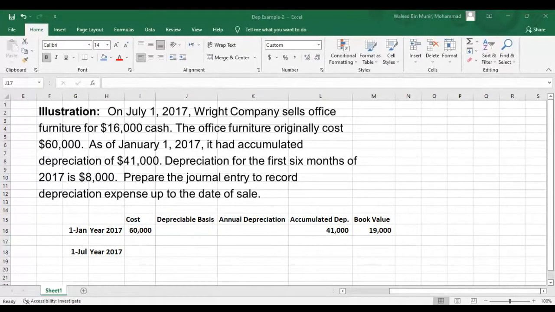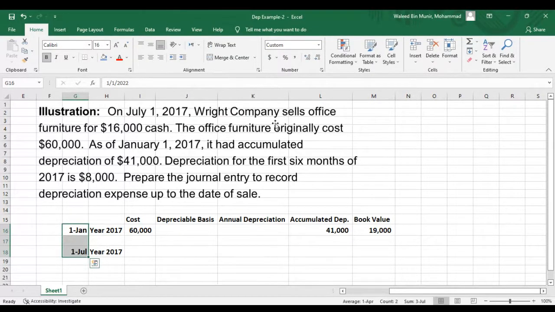Now what is the depreciation for 6 months of 2017? What is the depreciation expense, not for a full year here? You have to record it because we are up to here from this here.